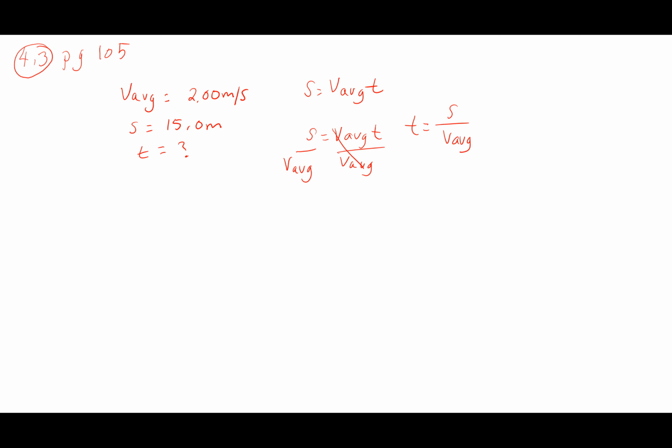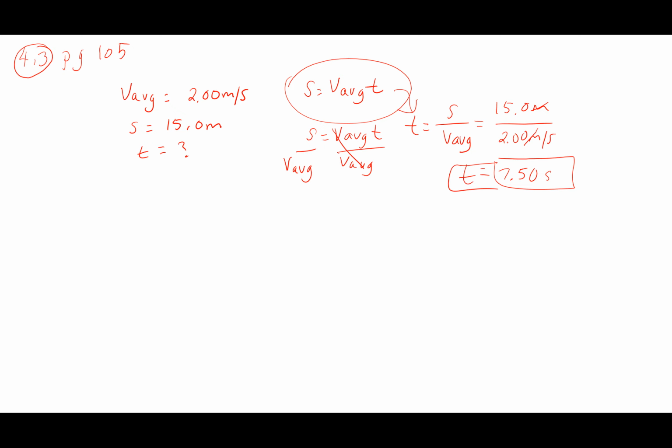Okay, so we got our basic equation, we solved for time, and now we can solve it. So S is going to be 15 meters, that's our displacement, divided by our V average, which is 2 meters per second. So time then, meters are going to cancel, is going to be 7.5 seconds. Okay, and that's how you solve it.